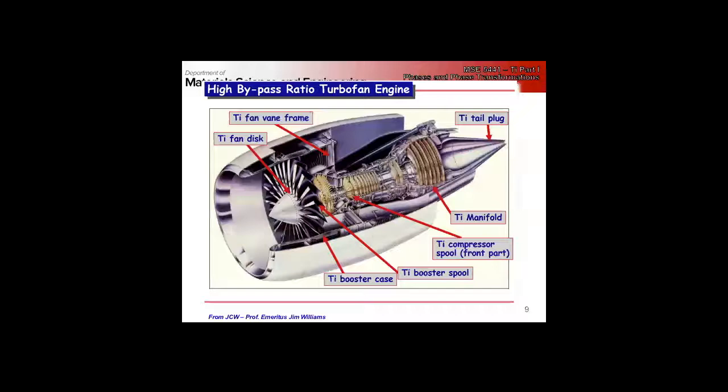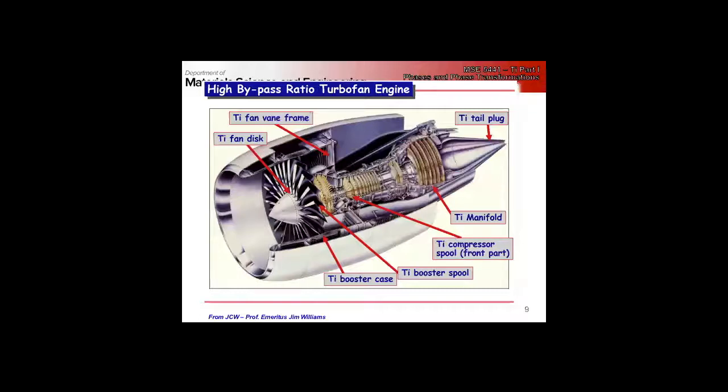But this is just sort of showing, in a modern high bypass turbofan engine, like all the ones on large commercial planes. Remember, if you're not familiar with the nomenclature, it's high bypass because this big fan disc up here basically acts like a propeller, right? And most of the air going through the engine doesn't go through the actual turbine itself. It bypasses around the side, and it acts just like a propeller would, except it's enclosed in a shroud.